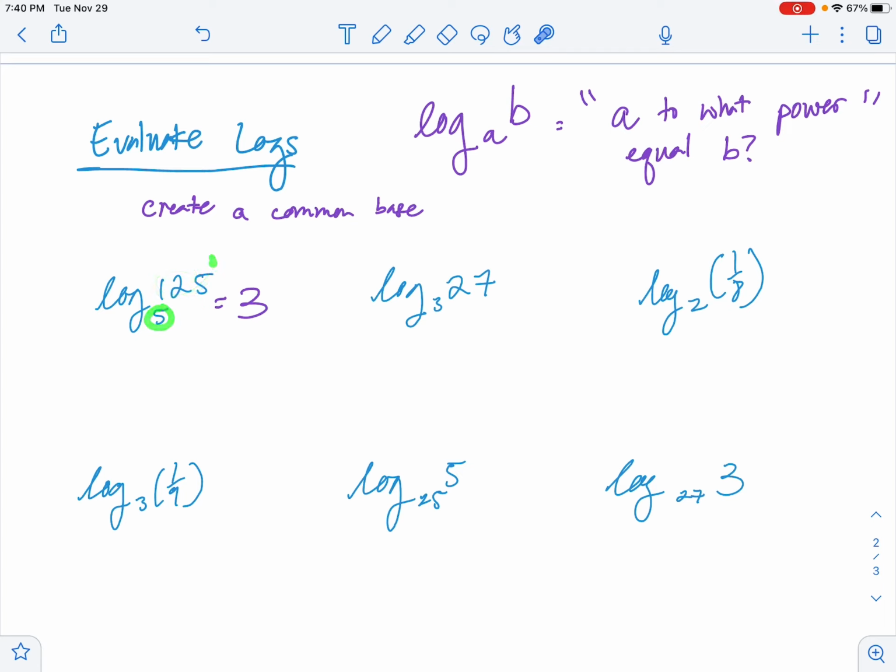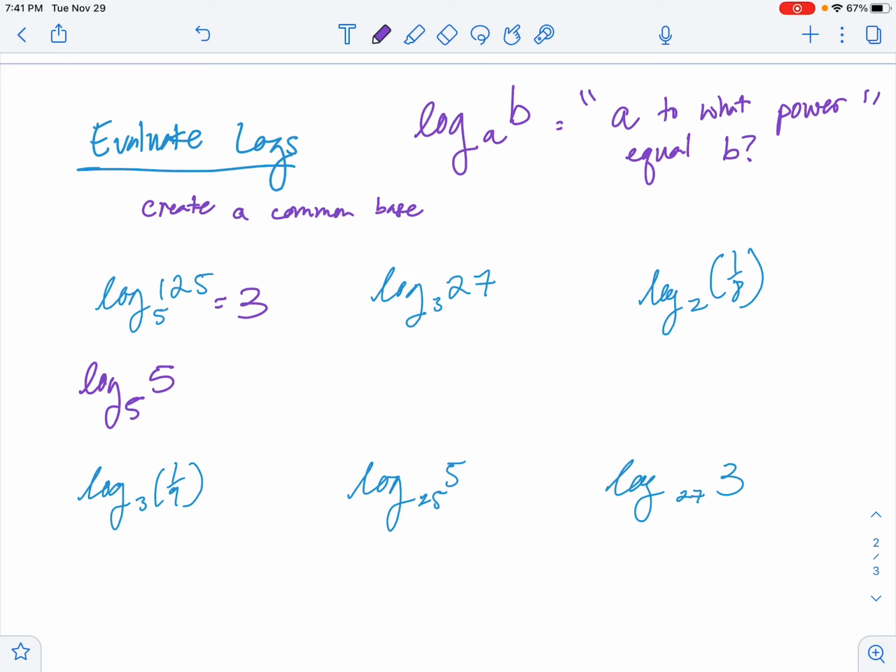This is 5. So I want to convert 125 so that it's in terms of base 5. I'm going to write log 5 because that's what's there, and then 125, I'm going to change to 5 to some power. You would use a calculator, or trial and error if you need to, thinking: 5 to the power of what is 125?